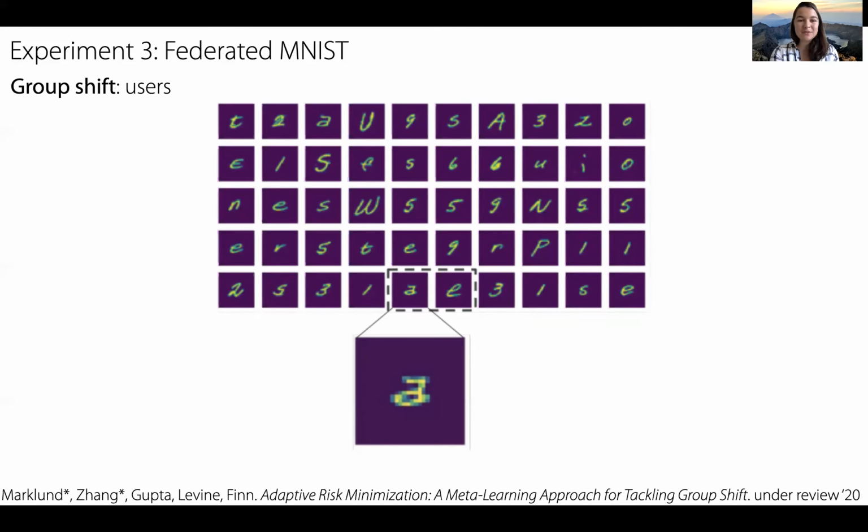whereas if you use context from this particular user, you can see that there are examples of different characters that the person wrote, and you can look at essentially how they write a 2, how they write an A, and even though these images are unlabeled, our adaptive risk minimization method, which uses a contextual metalearner or CML, is able to accurately classify this as an A, using 50 unlabeled examples from that user, while ERM incorrectly classifies it as a 2.